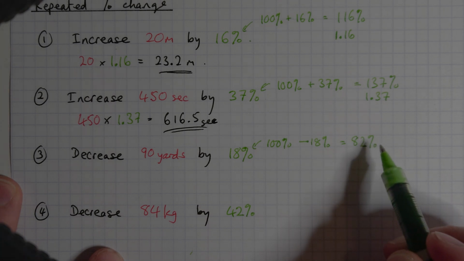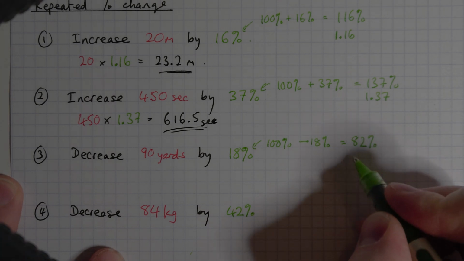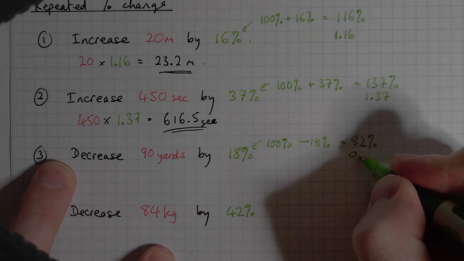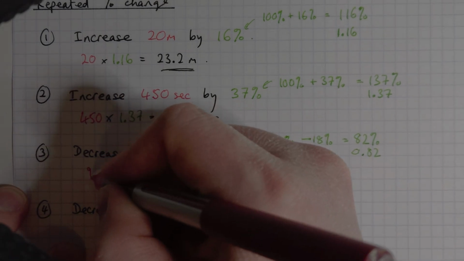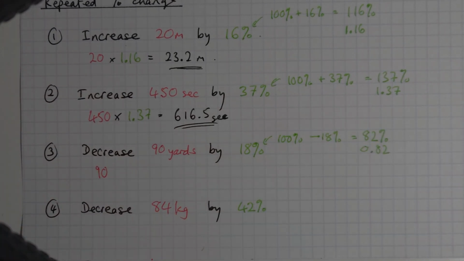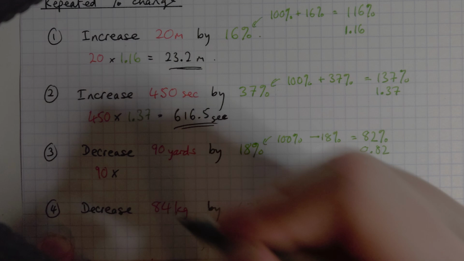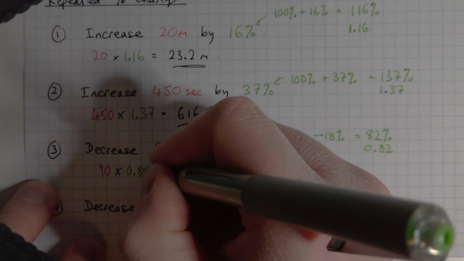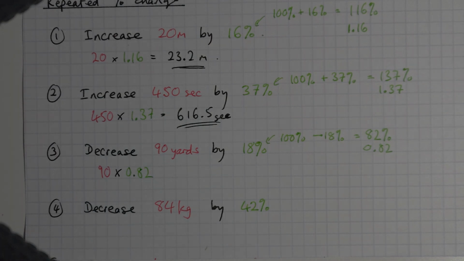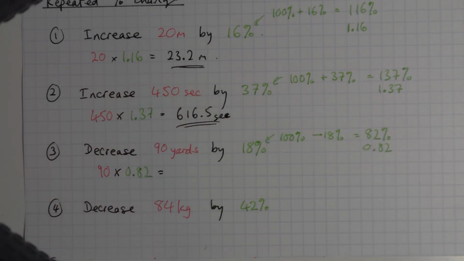Now 82%, if I divide by 100, I can turn it into a decimal, so that's 0.82. That's my multiplier, so I'm now going to use it. 90 yards multiplied by 0.82 will give me the answer to this question, some answer in yards.